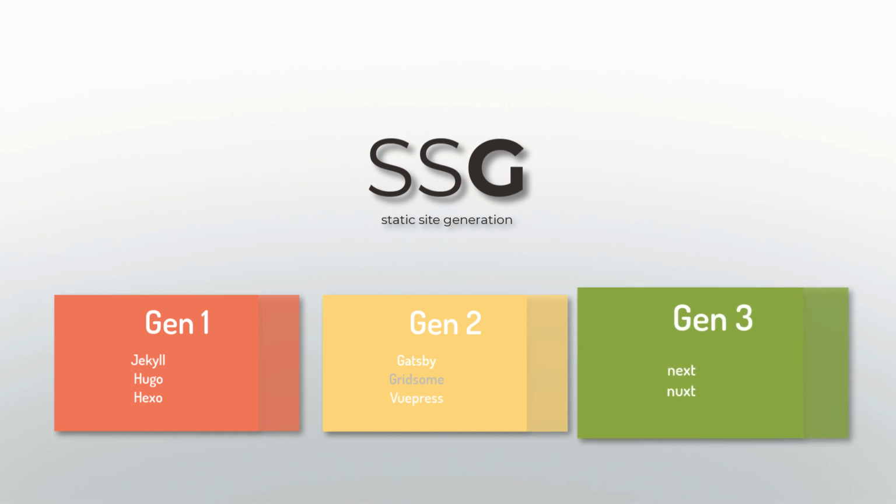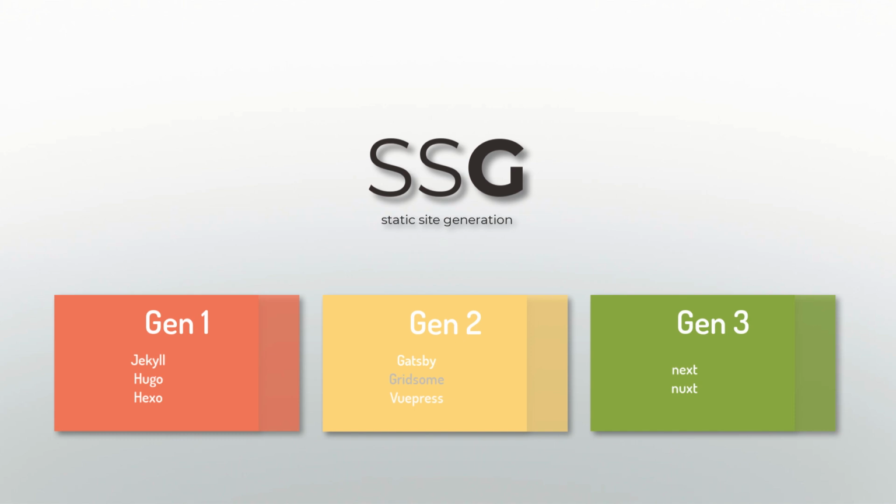That's where generation 3 is different. In a generation 3 solution, you are given certain primitives or hooks that allow you to bring in data, and that hook then gets called both on the server side and the client side. This is super useful. It means that you can write code once and have certain data types that are both generated and then managed again on the client side.